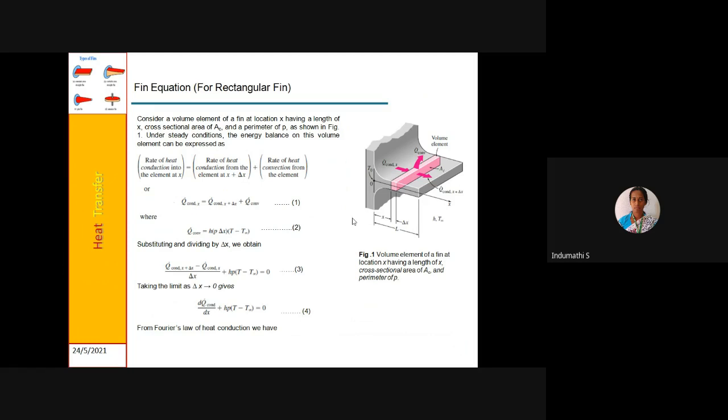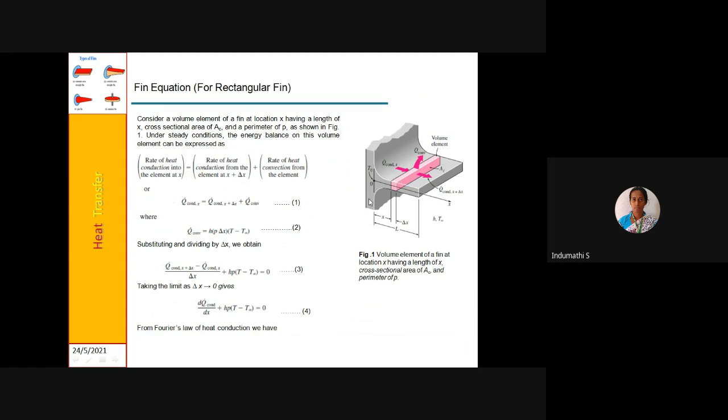Here the figure shows a thin rectangular fin of uniform cross section. The principal heat conduction is along the x-axis, whereas the convection loss takes place from the upper and under surfaces of the fin.